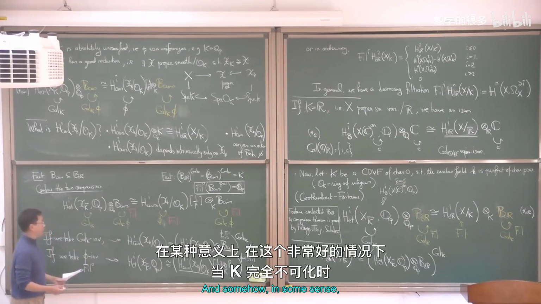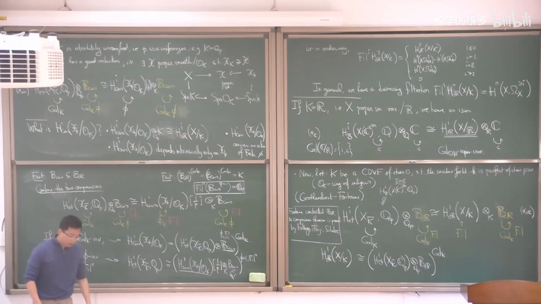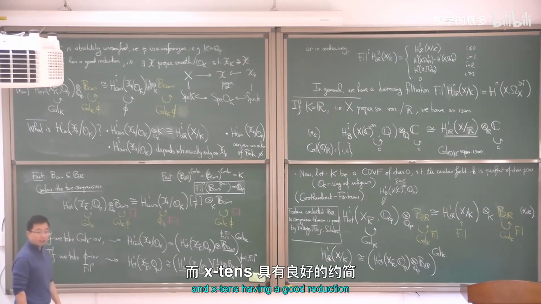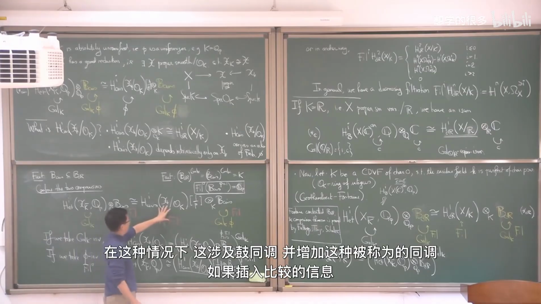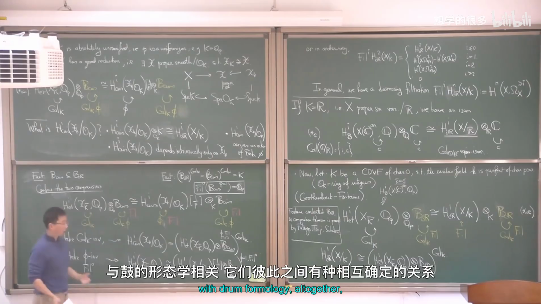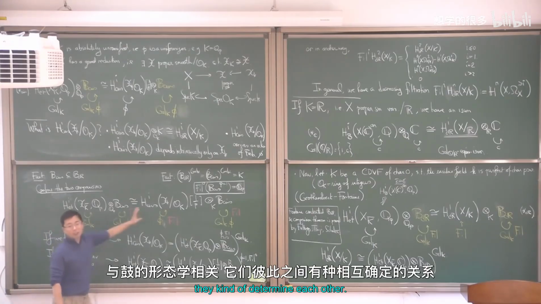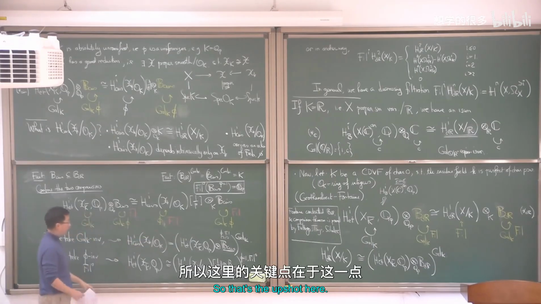And in some sense, in this very nice situation when k is absolutely unramified and X has good reduction, de Rham cohomology and this crystalline cohomology, if we insert the information of the comparison with de Rham cohomology, altogether they determine each other. So that's the upshot here.